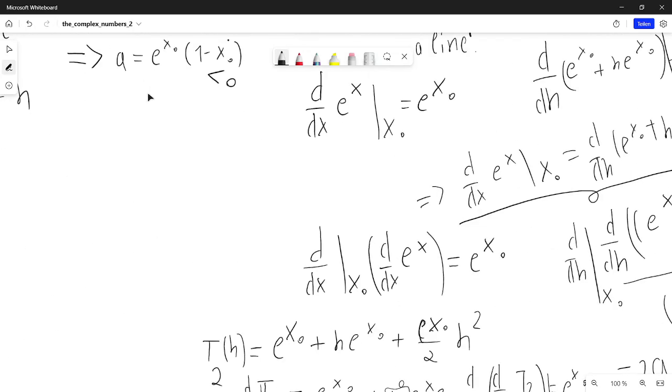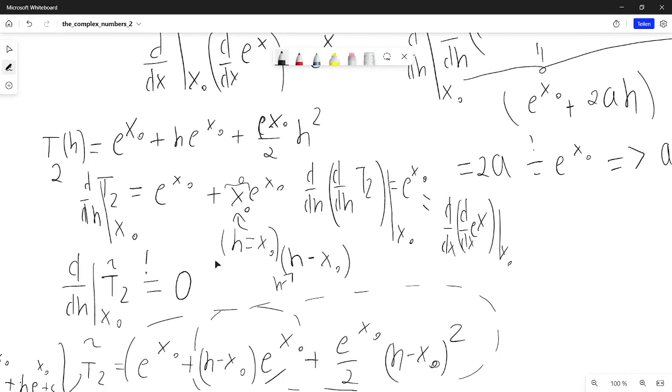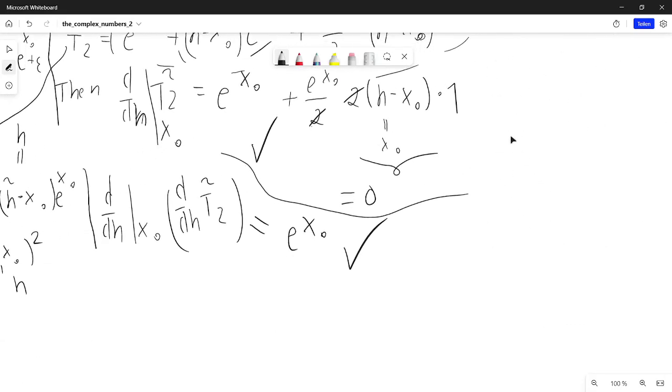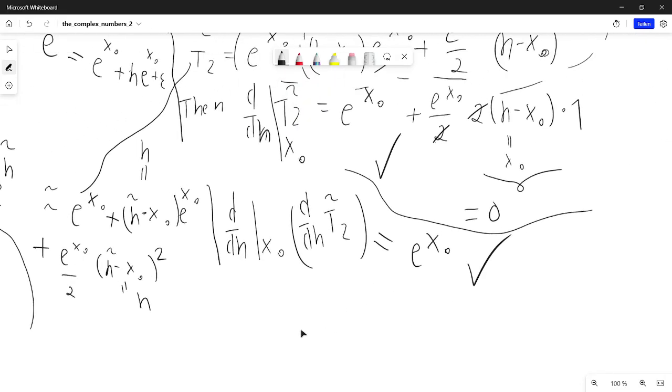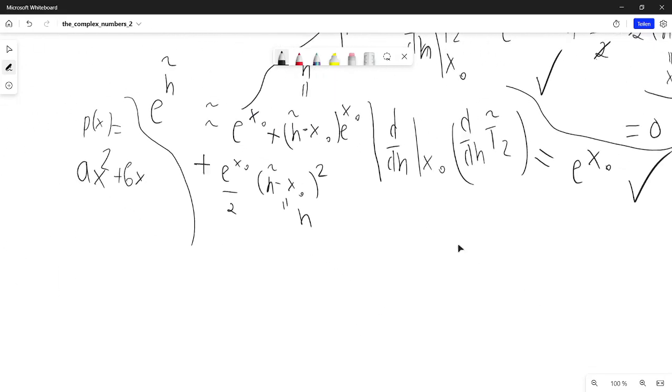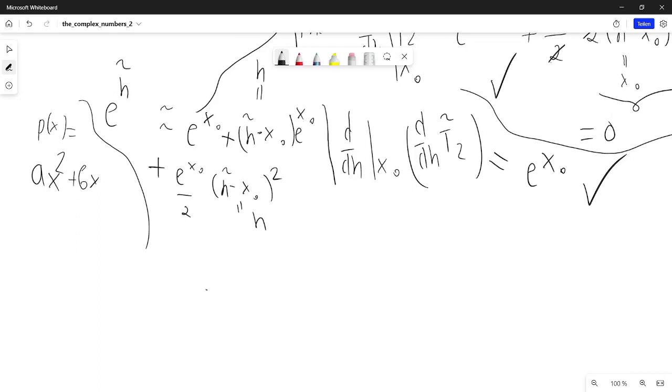But now we could play this game more, right? So if it works that well, why not just take, well, in h2, this is like x0 plus h.